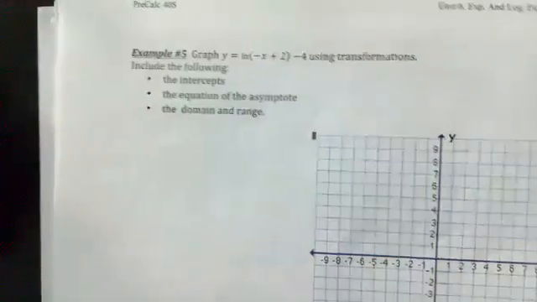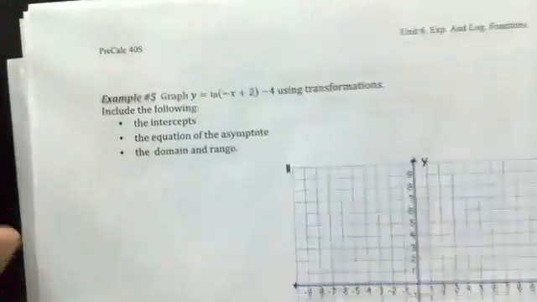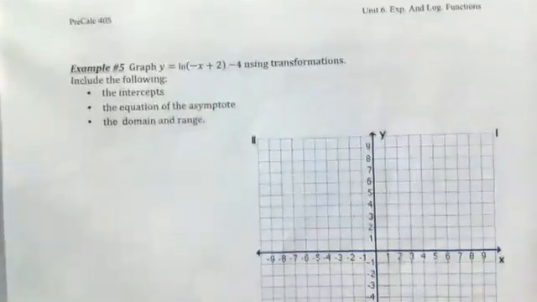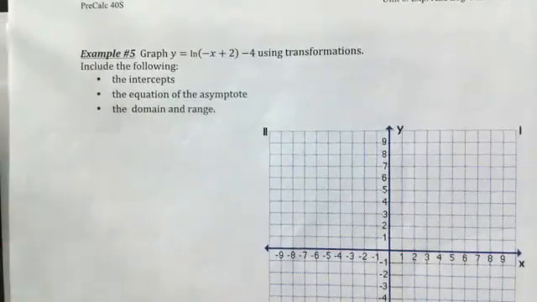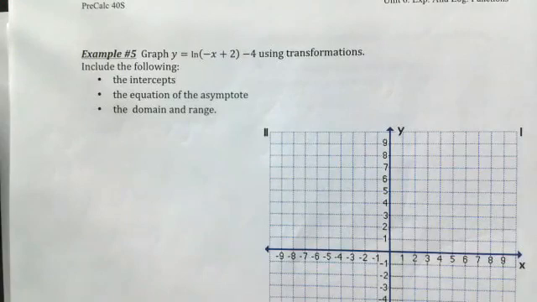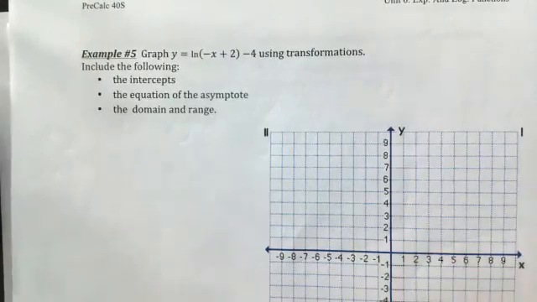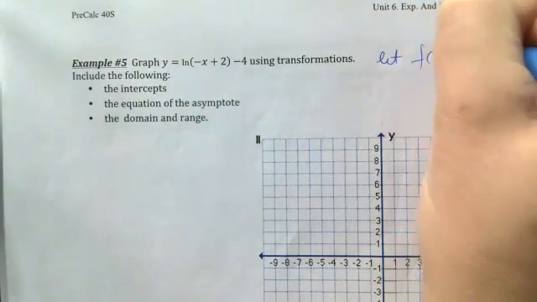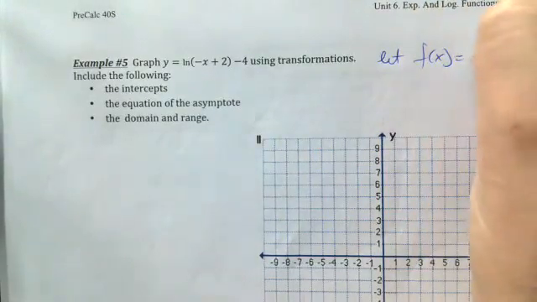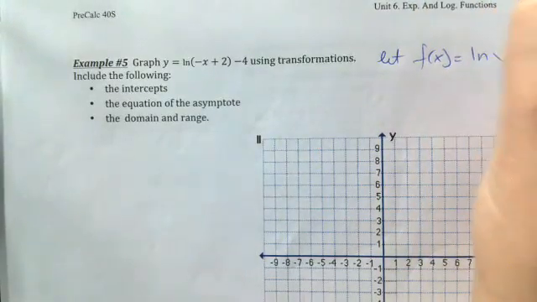One more with natural log. Natural log of negative x plus 2, minus 4. Using transformations, state the intercepts, equation of the asymptote, domain and range, just like before. The first thing we do, we can let f of x equal ln of x, okay?